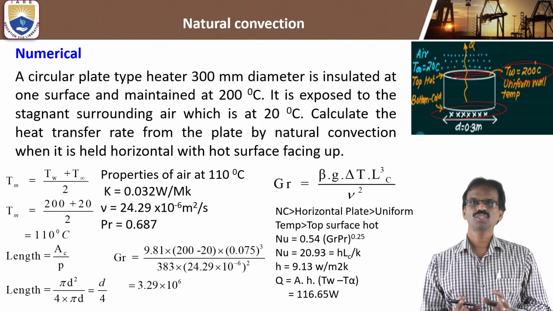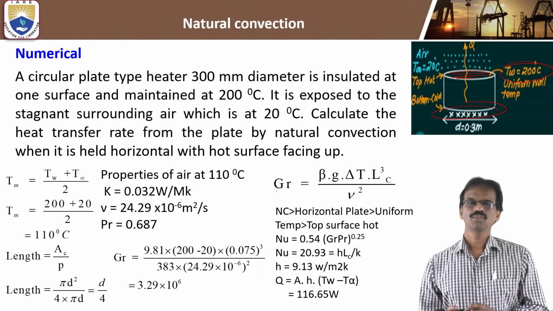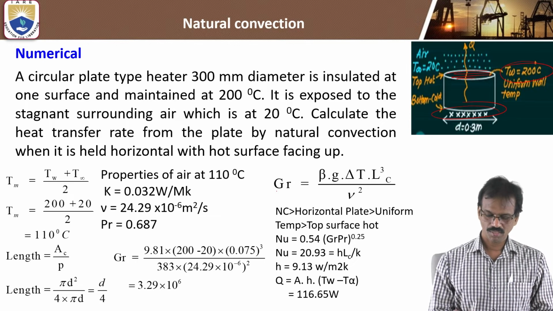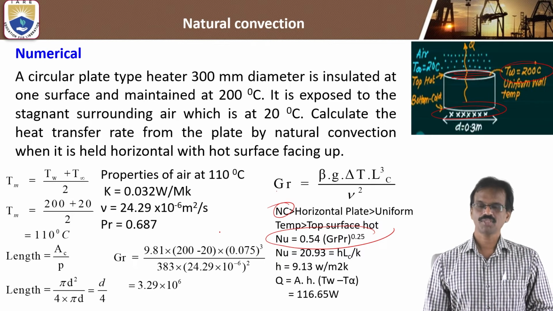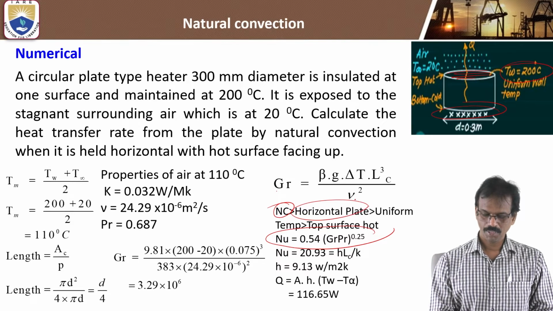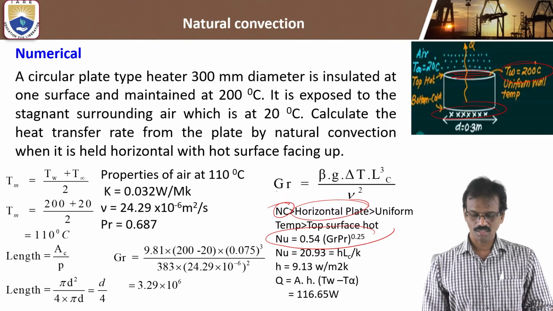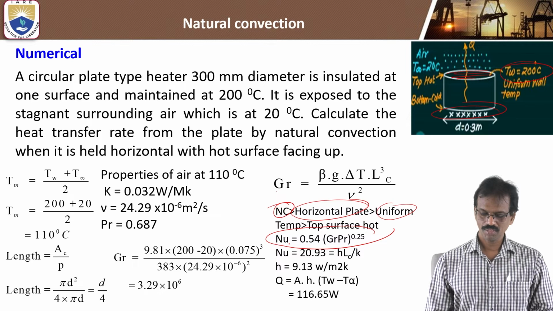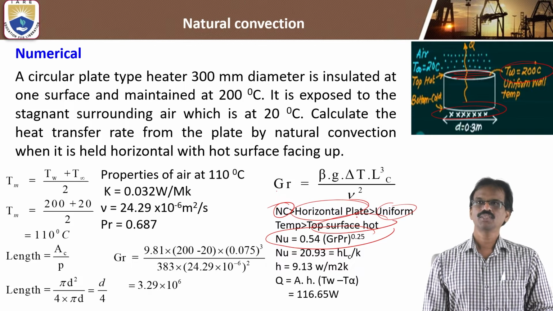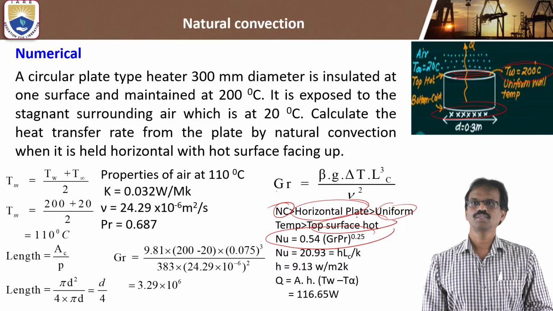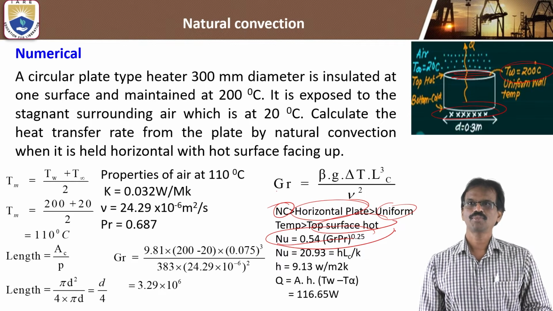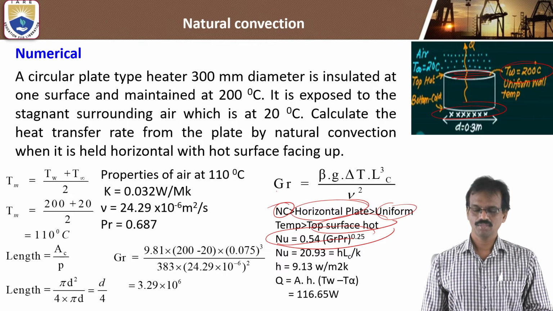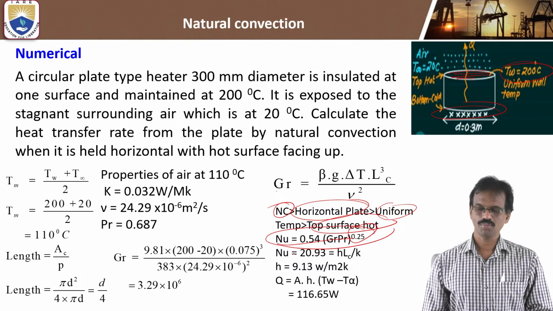By using these parameters, you can choose the Nusselt formula from the data book. It means natural convection process, horizontal circular pipe, uniform temperature, top surface hot. Based upon this data, you can take the Nusselt formula: Nusselt is equal to 0.54 into (Gr Pr) to the power of 0.25.